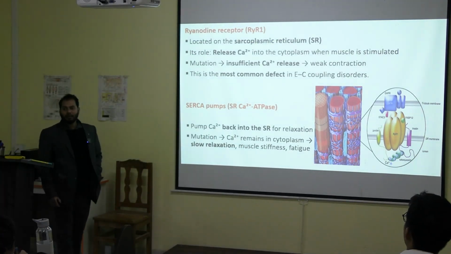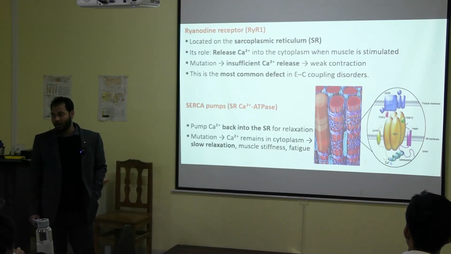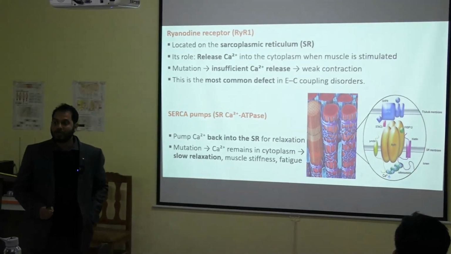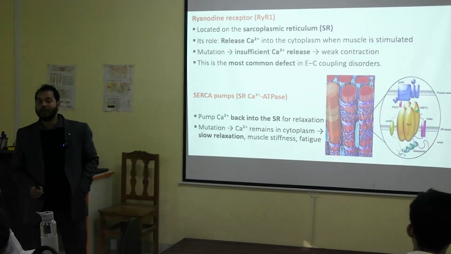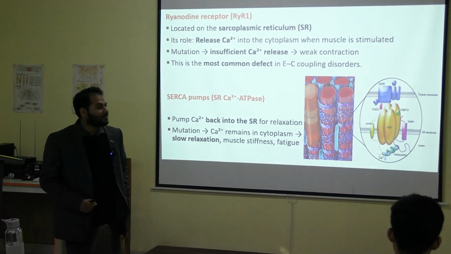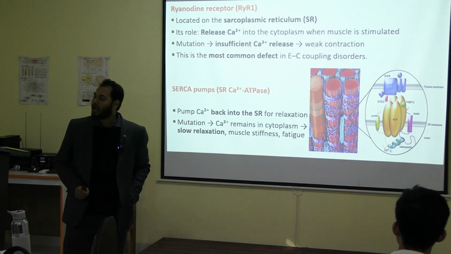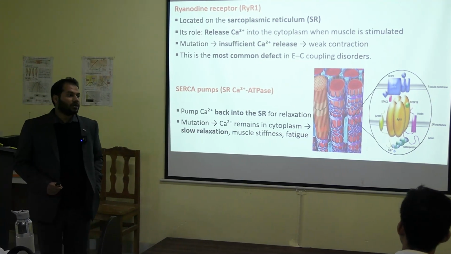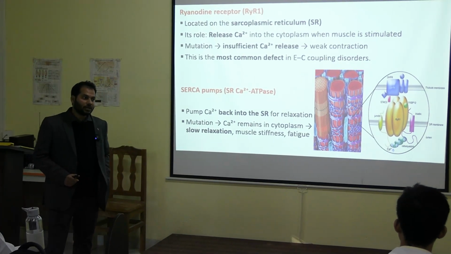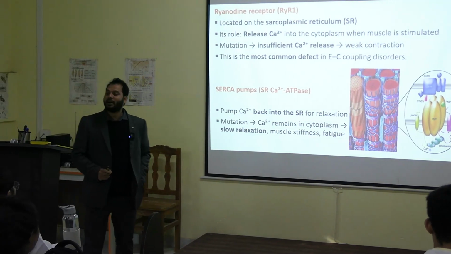We have seen about the role of ryanodine receptors. We have seen about the locations of the ryanodine receptor. What is the location of ryanodine receptor? Sarcoplasmic reticulum membrane, right? And what is the location of dihydropyridine receptor? The T-tubular system, right?